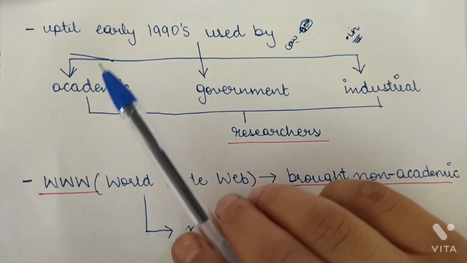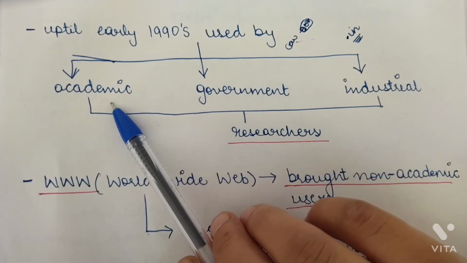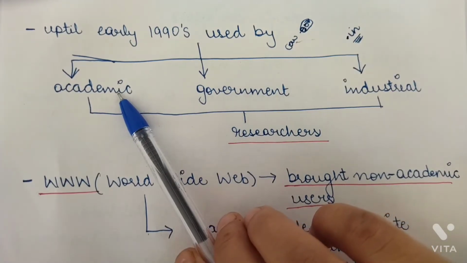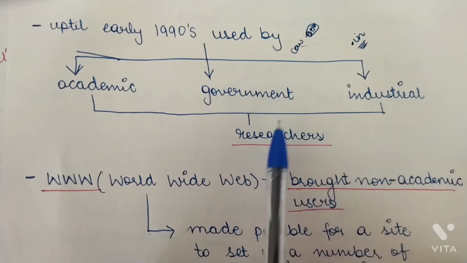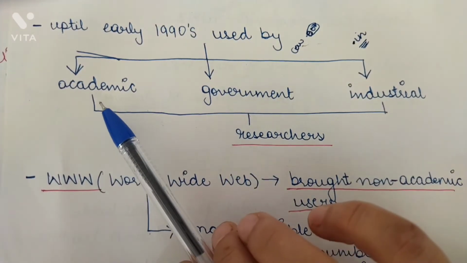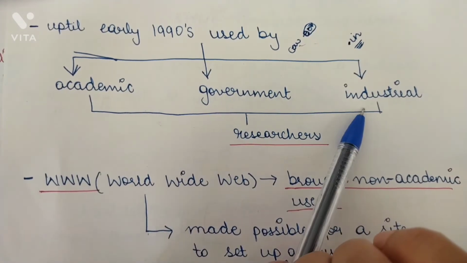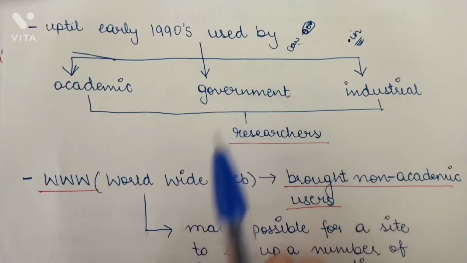So up till the early 1990s, this network was used only by academic people, government organizations and industrial organizations, basically for research purposes. All the researchers, whether they were in the academic field, in government organizations or in industries, used these networks for research purposes.